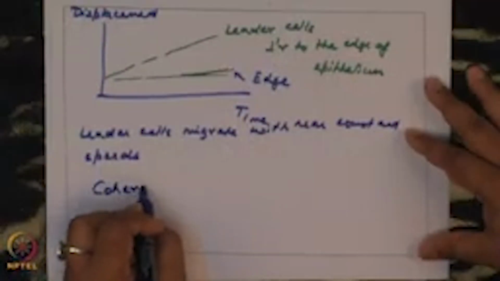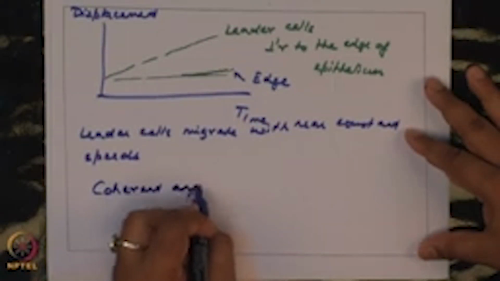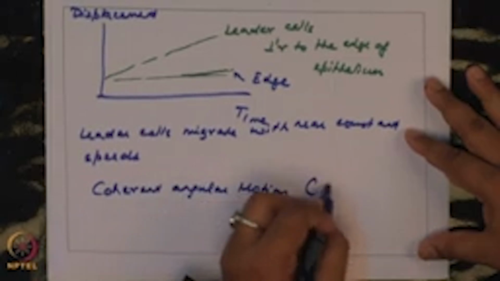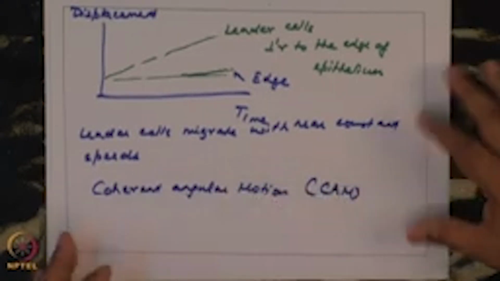One other aspect of collective migration that I wanted to discuss is this phenomenon of coherent angular motion, or referred to as CAM.